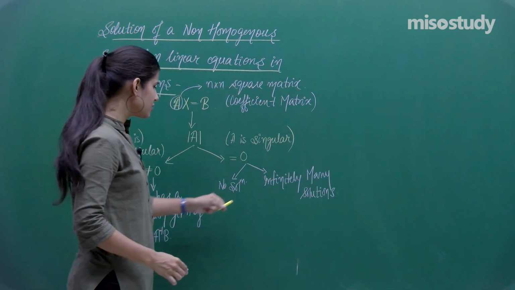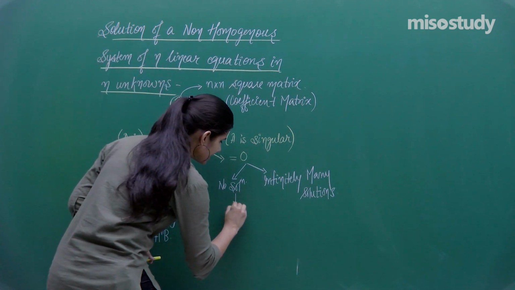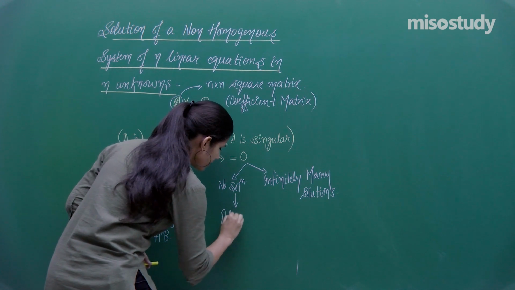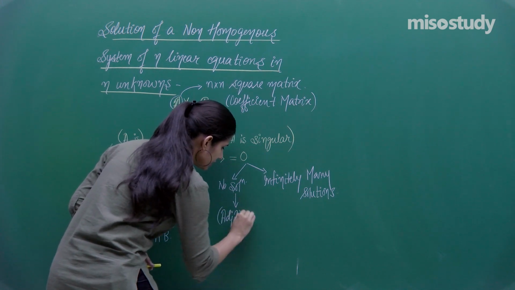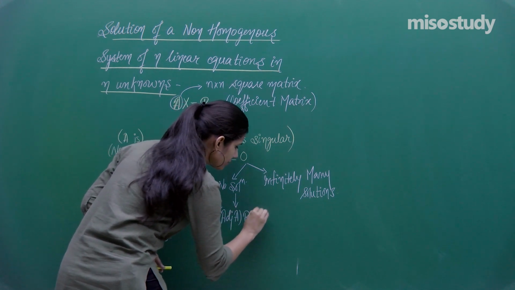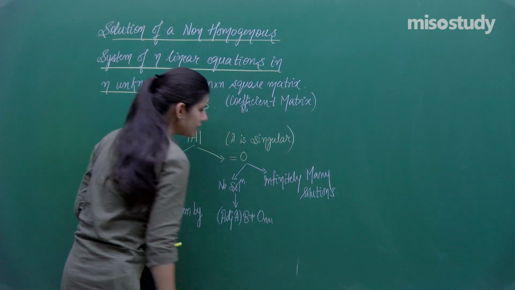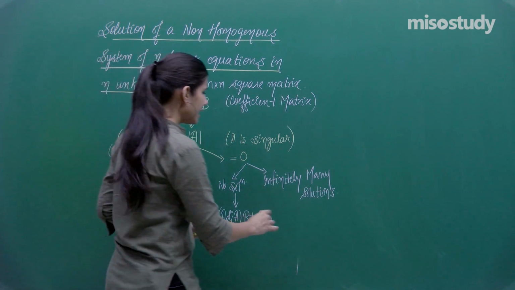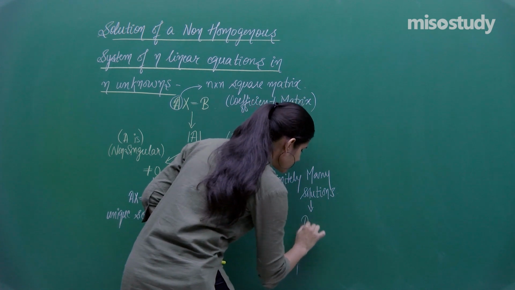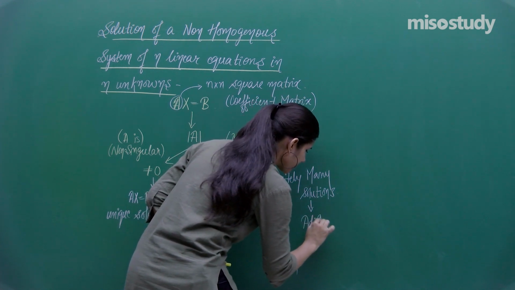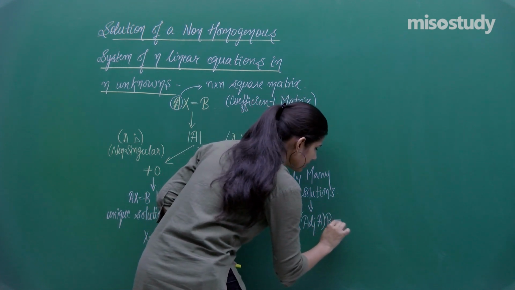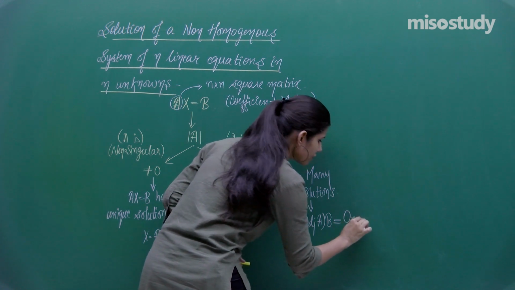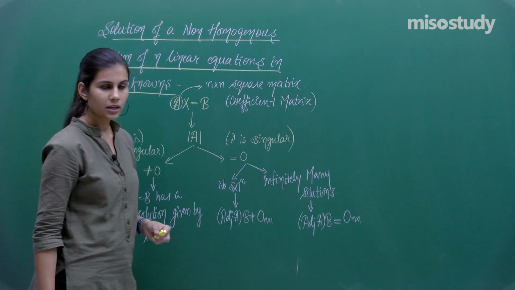When do you say that it has no solution? I say it has no solution when the matrix adjoint of A into B turns out to be not a null matrix of order n cross 1. And I say there are infinitely many solutions when adjoint of A into B turns out to be equal to the null matrix of order n cross 1.